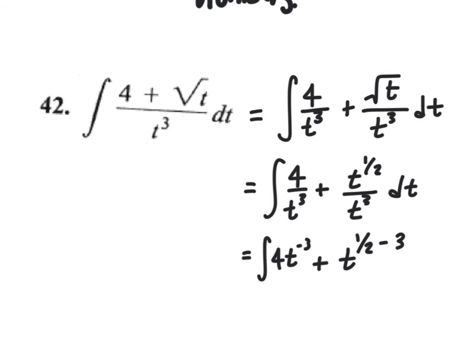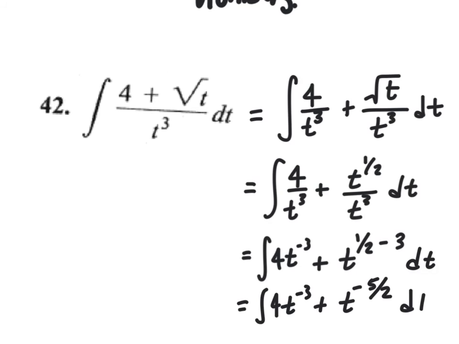If I'm dividing two functions with the same base, I just subtract their exponents, okay, dt. And so then I get the integral of 4t to the negative 3 plus t to the negative 2.5 power, so that's negative 5/2 power, dt.